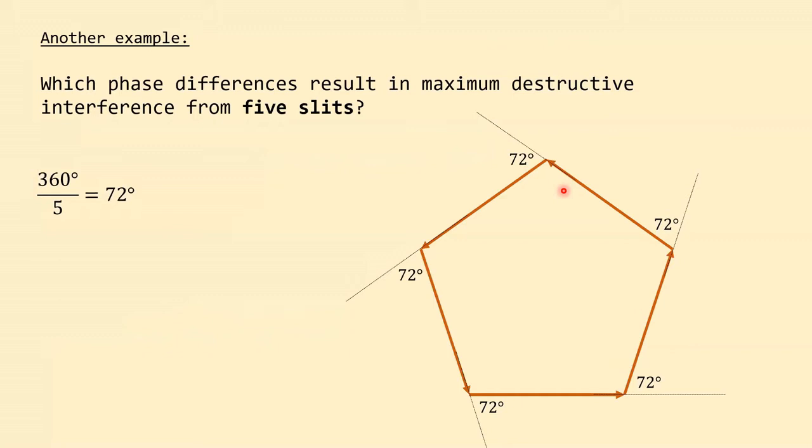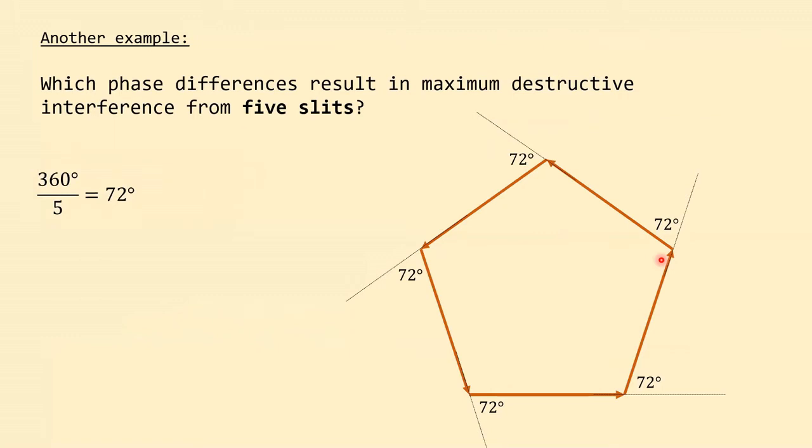You wouldn't get that from 2 individually. If you covered up the bottom 3 slits and just looked at the light arriving from the first 2 slits, so ignored these top 3 phasors, the total phasor from the first 2 would be this phasor, which does not have an amplitude of 0. So you would see some light intensity at that point on the screen if you covered the bottom 3 slits.